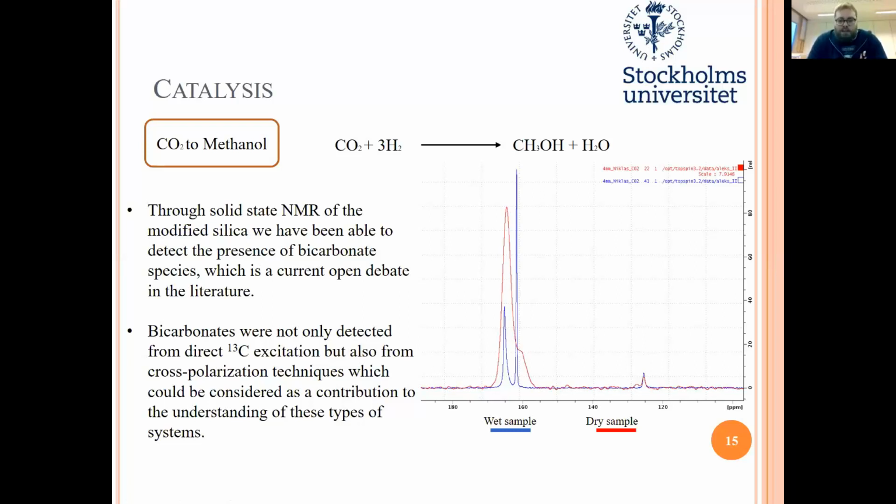And we can clearly see that, yes, we see a little shoulder in the dry sample. This is probably because some water got into the system. But in theory, bicarbonates cannot form under completely dry conditions because it needs water to form the bicarbonate species. So these are very good findings into the fundamentals of how CO2 is absorbed, and we hope to publish this soon.